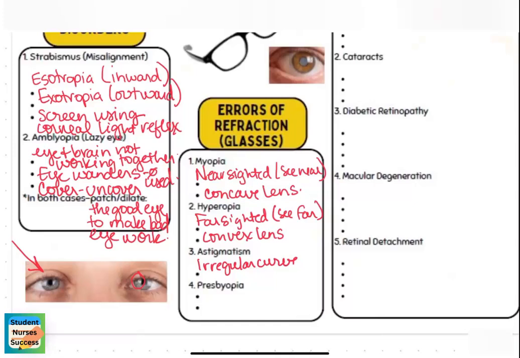With an astigmatism, it's actually a little bit harder to get glasses for this case because the curve is irregular. So those glasses tend to be a little bit more expensive and a little bit different in nature. Our last one is presbyopia. Presbyopia is the loss of accommodation as we age.